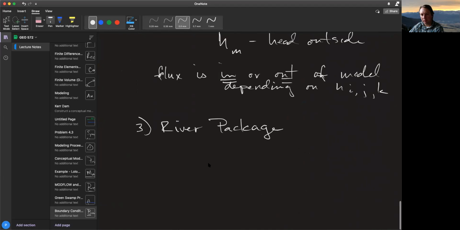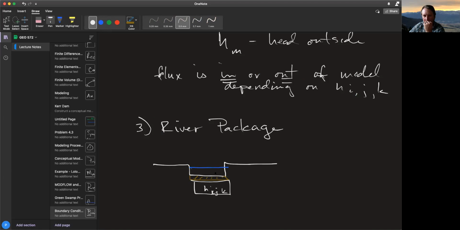The idea behind the river package is that we've got our stream here. And then there's some thin layer of low hydraulic conductivity, and beneath that is our model cell, H i, j, k.